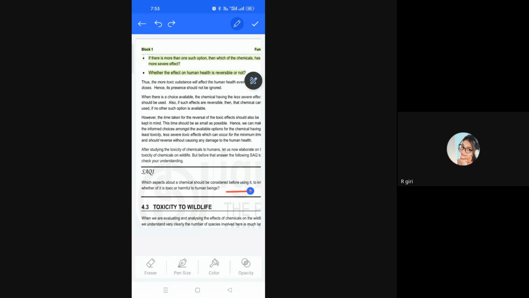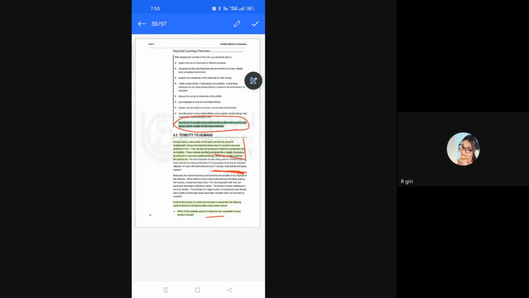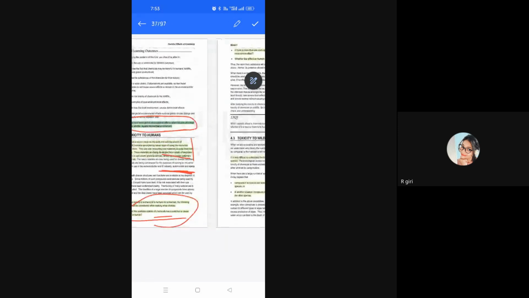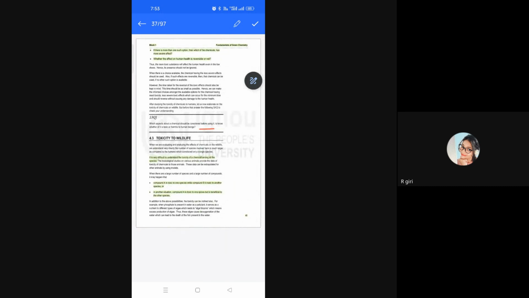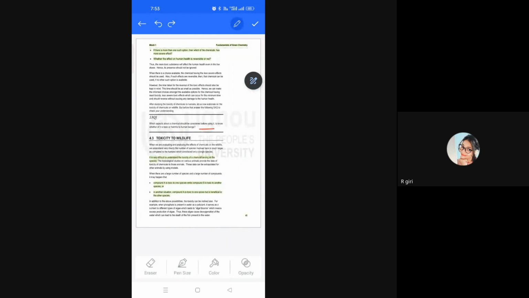One question is given here: what aspects about a chemical should be considered before using it? I have already told you three aspects. Here three aspects you should observe, so that you can find them.